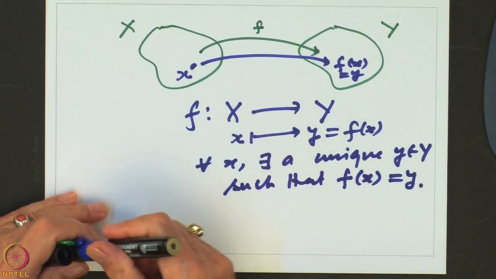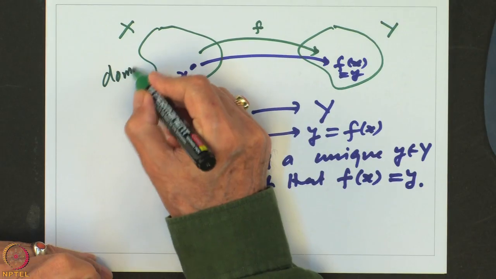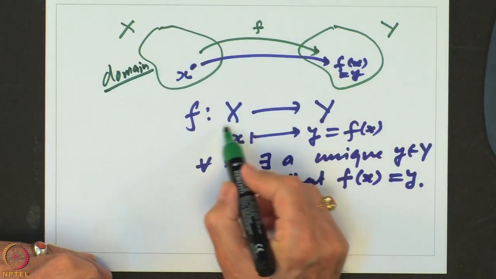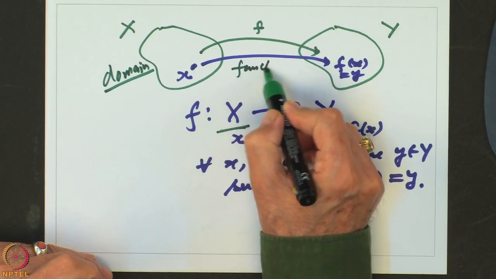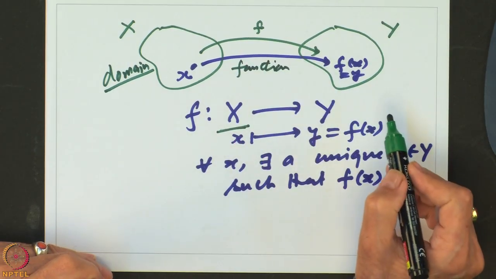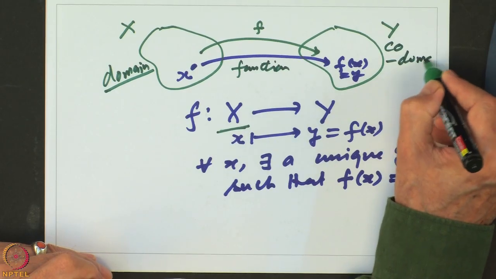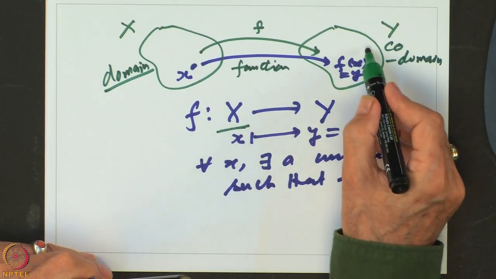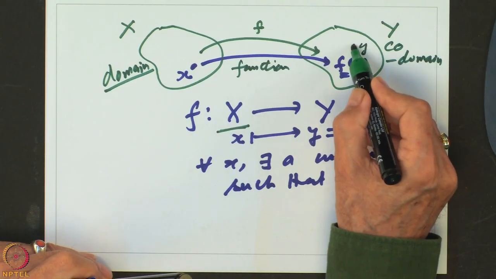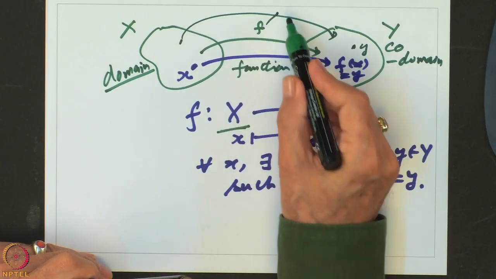So, this X which is on this side is called the domain of this function, and Y is called the codomain. Not every point of Y will be coming from a point x, that may not happen.